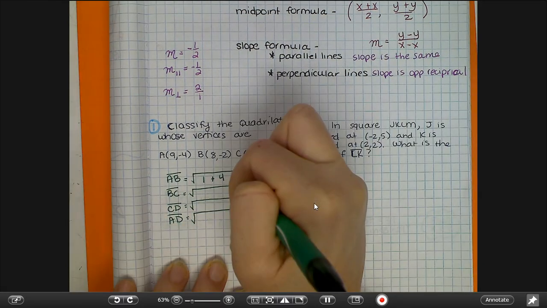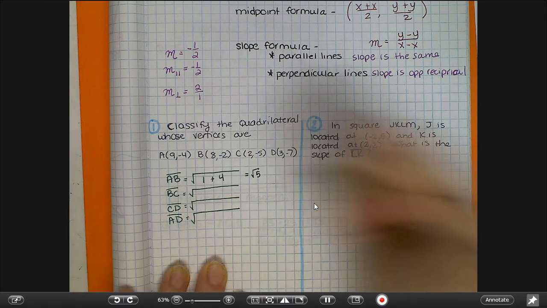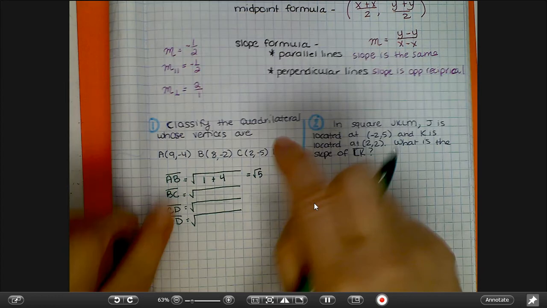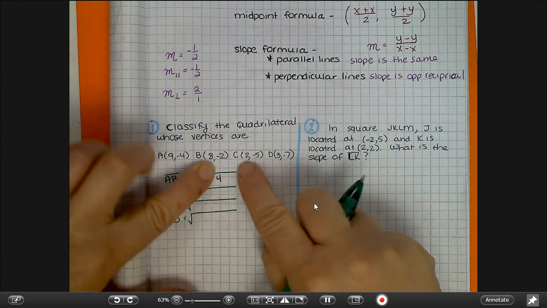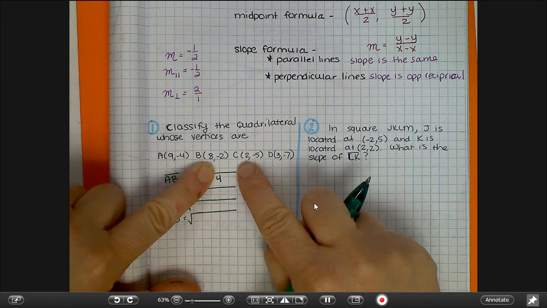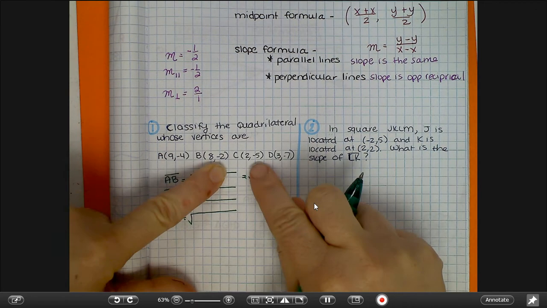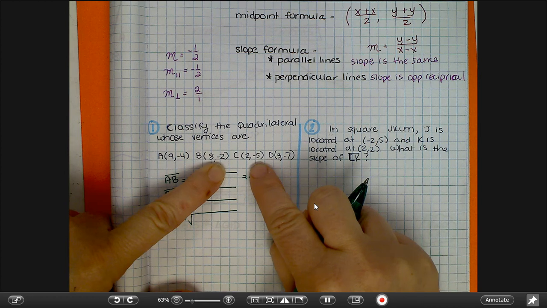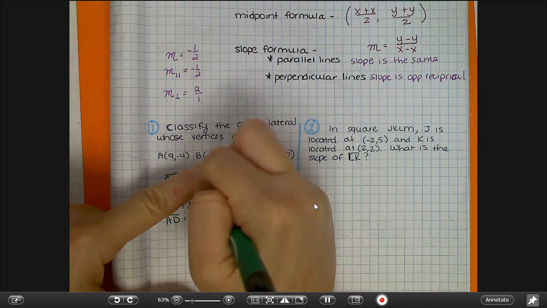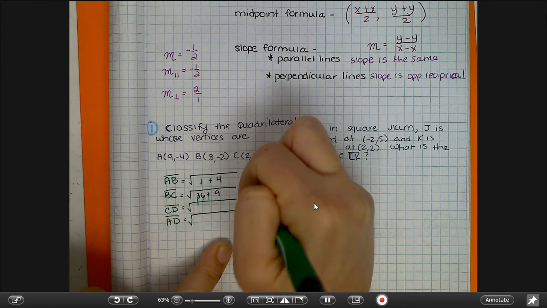So AB has a length, the square root of 5. Let's check BC. X minus x, 8 minus 2 is 6, squared is 36, plus y minus y. -2 minus -5 is the same as -2 plus 5, and that would be 3, squared is 9. So BC is the square root of 45.